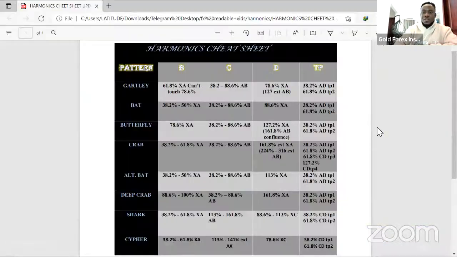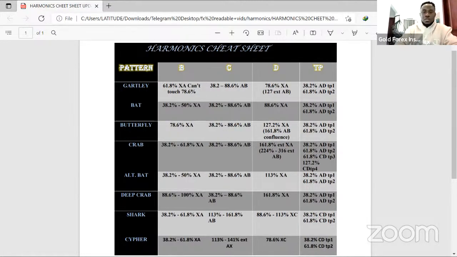So the take profit for deep crab is 38.2 of AD, and 61.8 of AD. So take profit 1, take profit 2, right? Okay, so we have 38.2 of AD and 61.8 of AD.